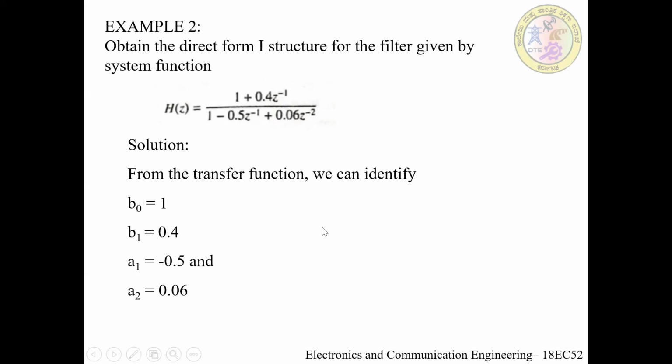To realize this, we have to consider the system function, which is again nothing but the transfer function in the z domain. First we need to identify the coefficients. So b0 here is 1, b1 is 0.4, and the value of a1 is minus 0.5 and a2 is 0.06.